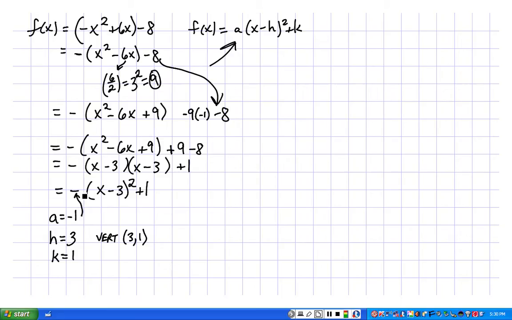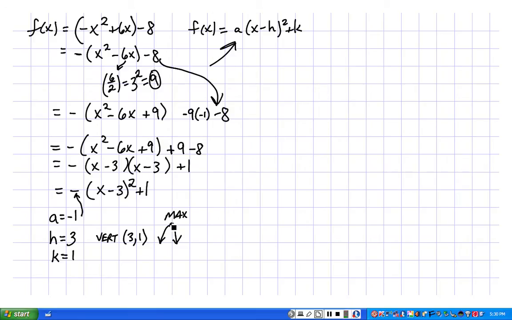Now, if your a is a negative, that tells you that when you graph your parabola, it's going to go down. The fact that a is a negative number tells me if I were to graph this, my parabola would open down. So my vertex, the point 3, 1, would be considered a max.